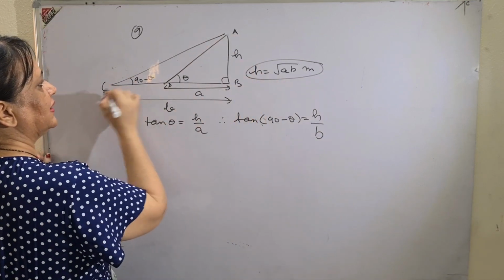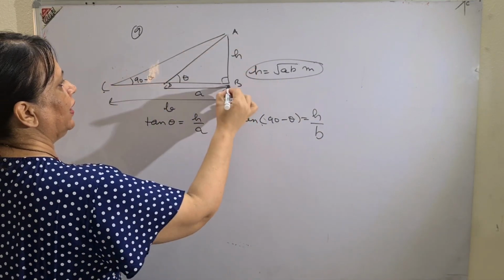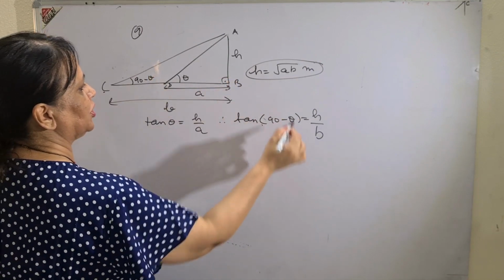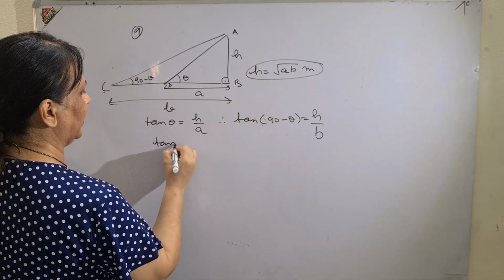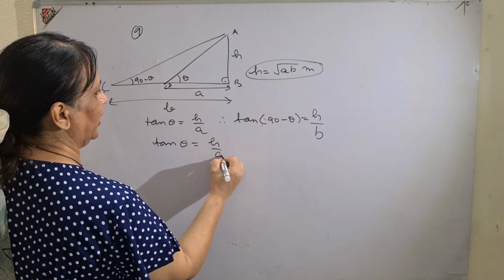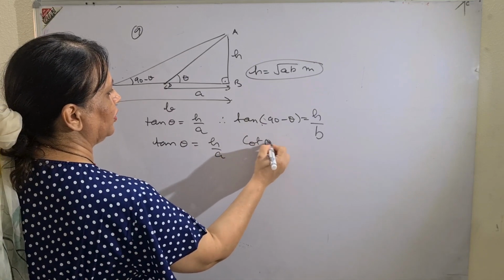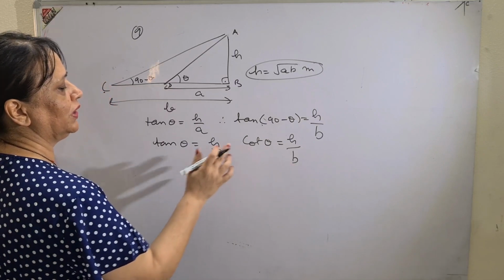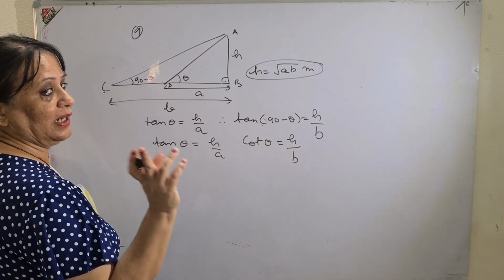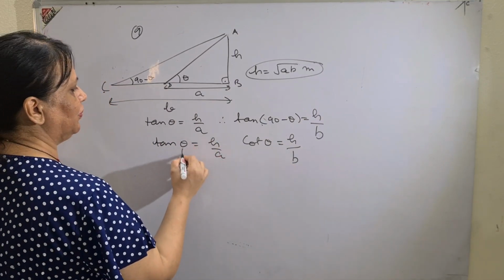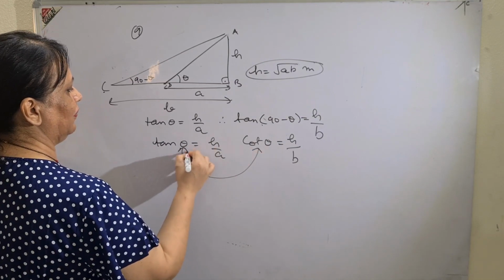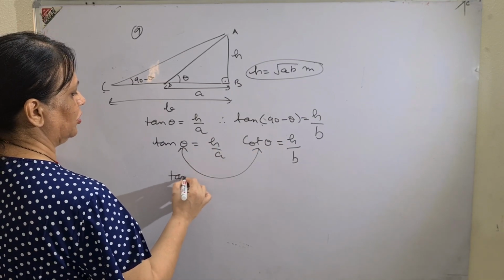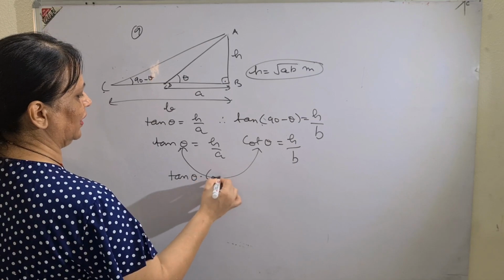Perpendicular over base. In the smaller triangle again perpendicular over base, h upon A, h upon B. So tangent theta is equal to h upon A, and cot theta equals h upon B, because tangent 90 minus theta is cot theta. You have done this before in 9th standard, complementary angles, if you remember. So in this particular question, you will multiply the left hand sides. I told you this type of sums are typical sums.